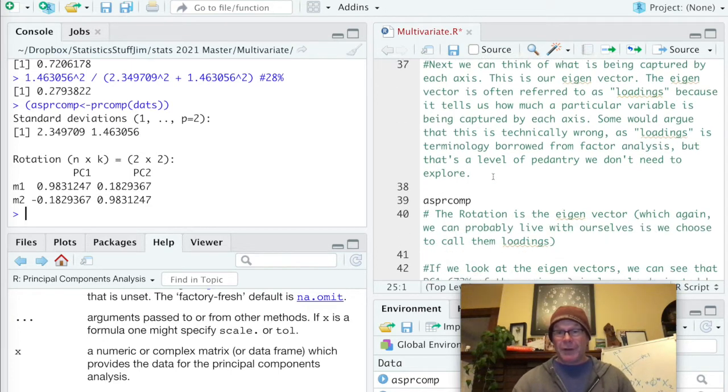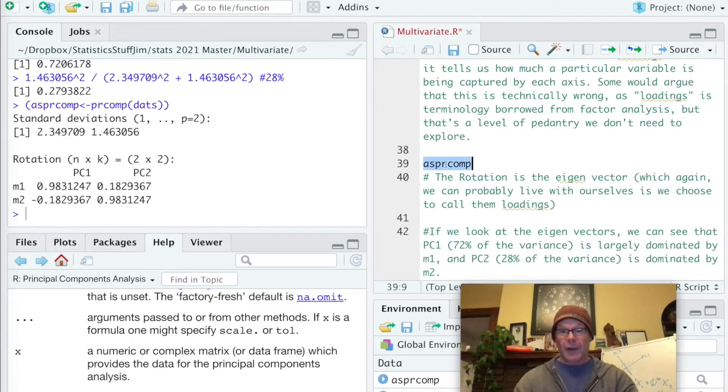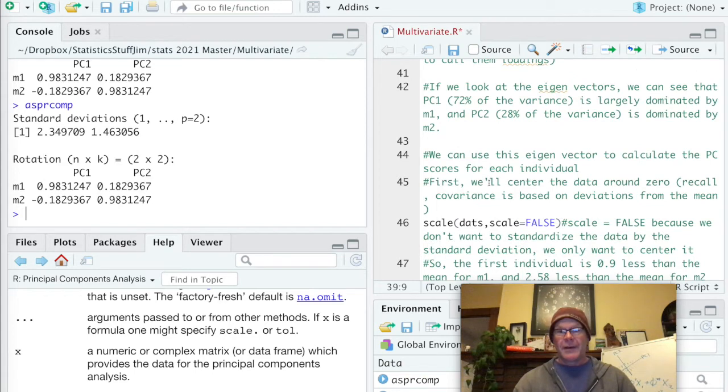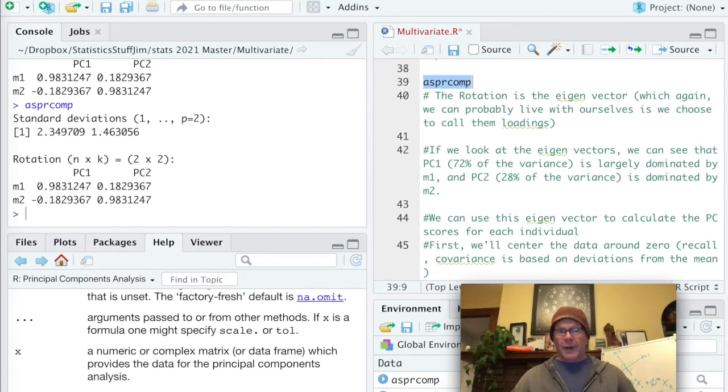So, what can we do with this? Let's go back and look at our PC object. We understand what the eigenvectors are telling us: something about the magnitude of the importance of the different PC axes. We can take those values and square them, and then they will be in units of variance.